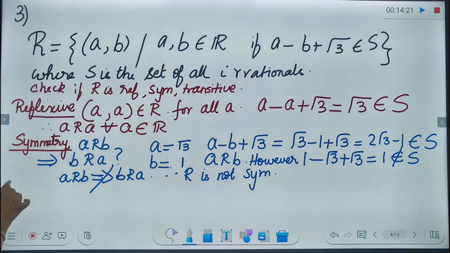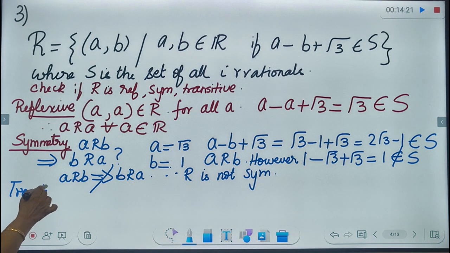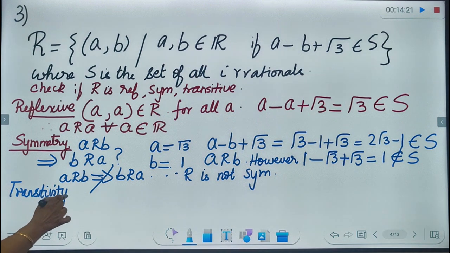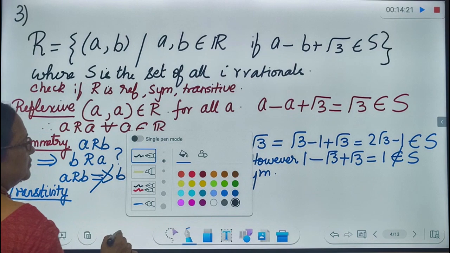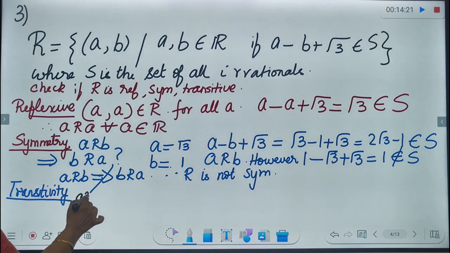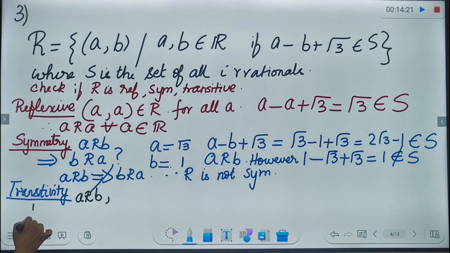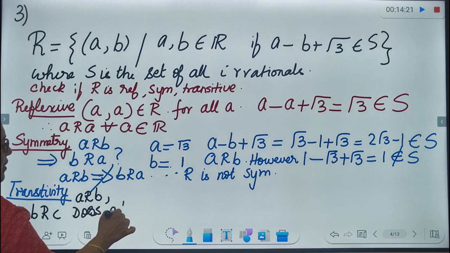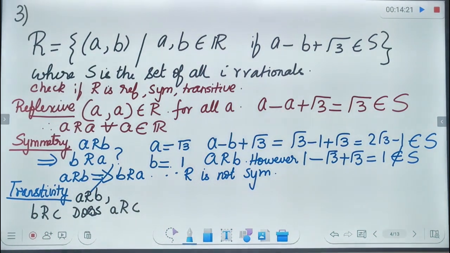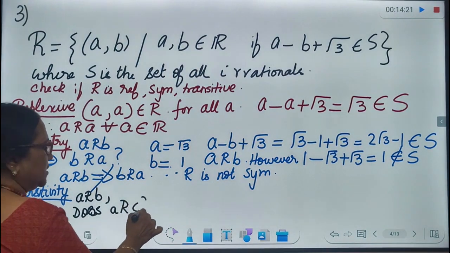Now, next let us check transitivity. That means what? If A is related to B, B is related to C, does A be related to C? That's the question we are asking.